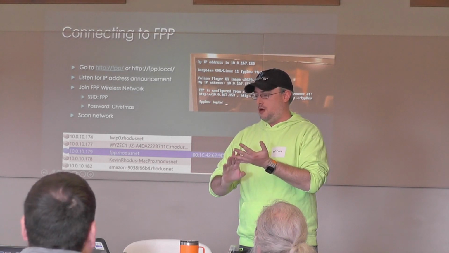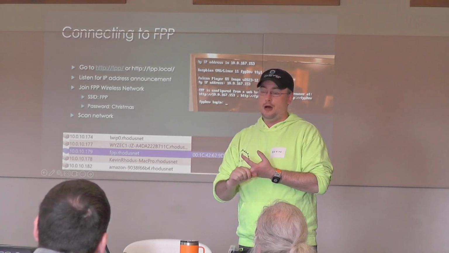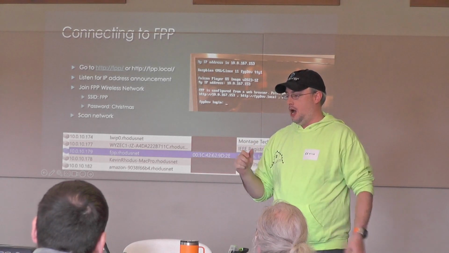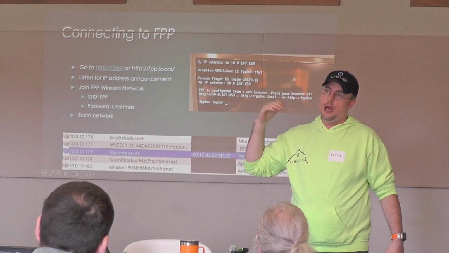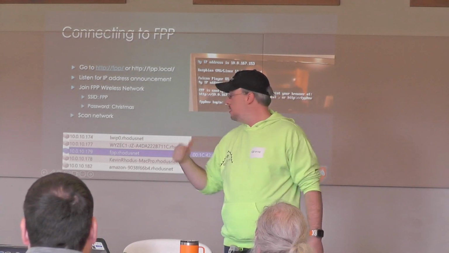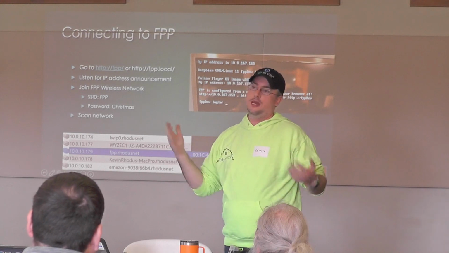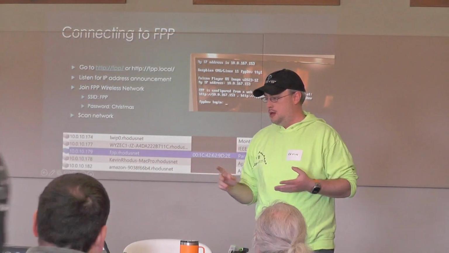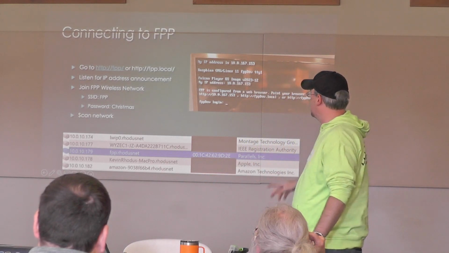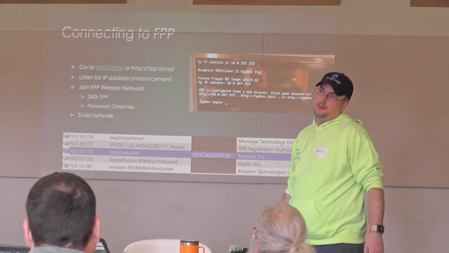You can also, if it is a Pi that has Wi-Fi in it and it doesn't sense an internet connection, it will self-host its own access network. So it'll host a wireless network called FPP. The password is Christmas. You can connect that way and get connected to it. Or by default, a new one out of the box, its host name will be set to FPP.